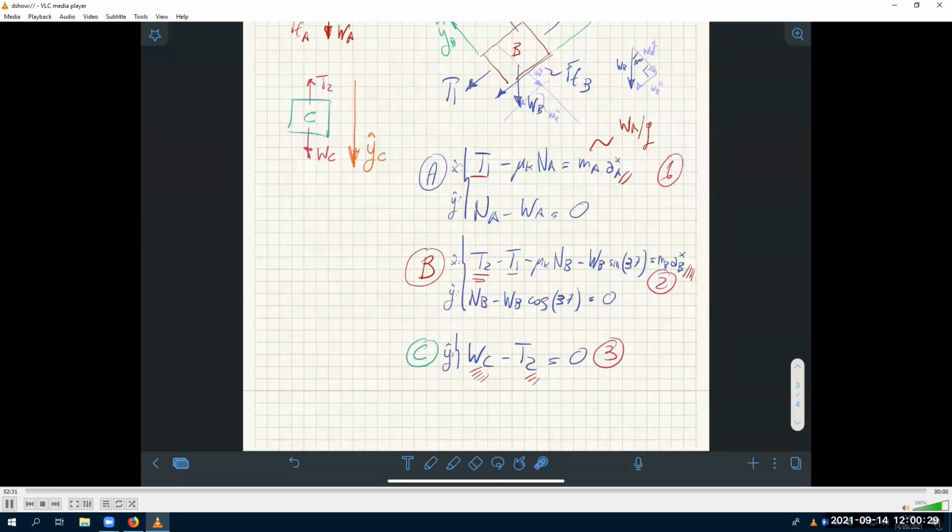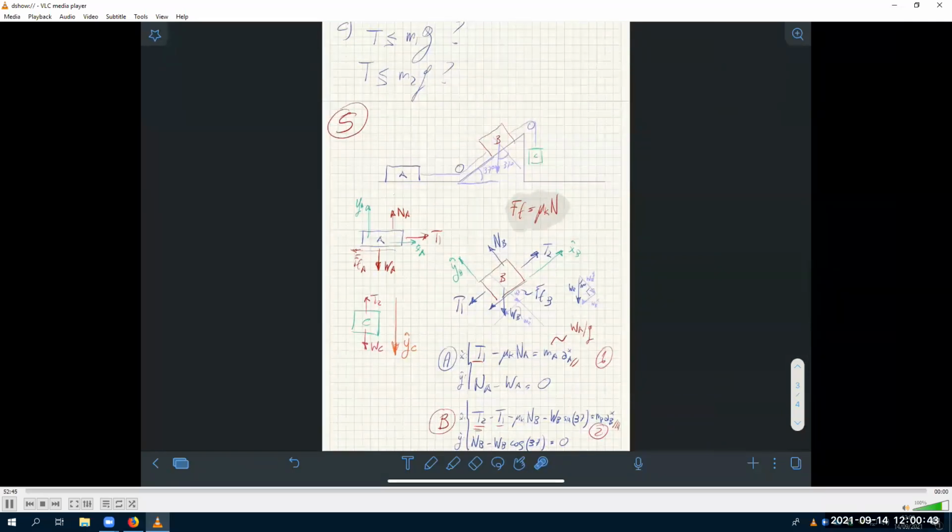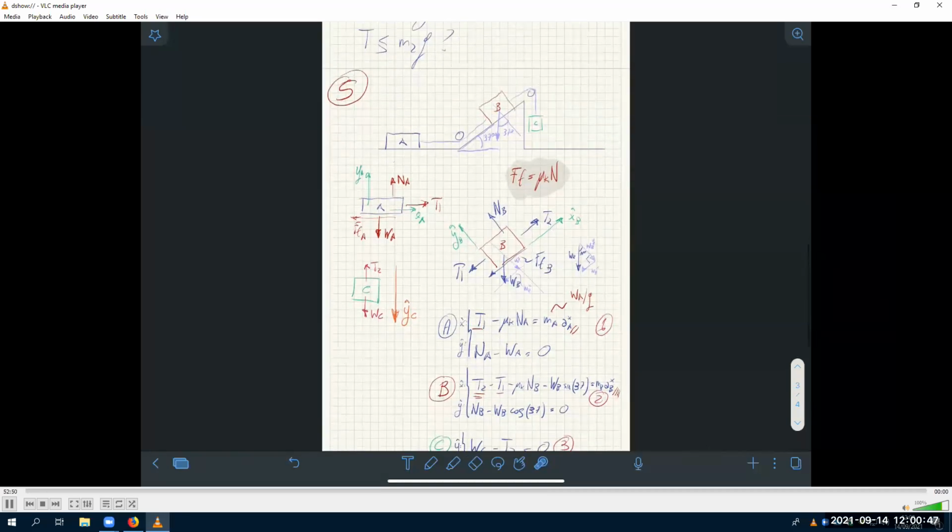What's missing? I told you, these are the forces. So this is the kinetics. What's missing is the kinematics relationship, okay? So what is the kinematic relationship between A and B and C? That's 2 equations. So if I move A this way, along its own axis, okay?